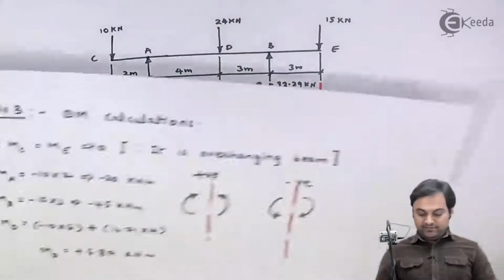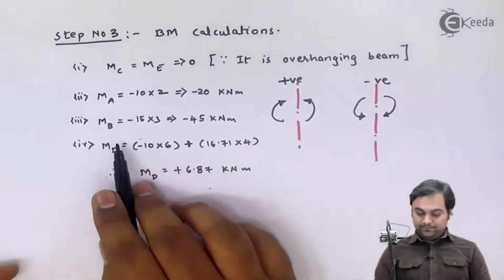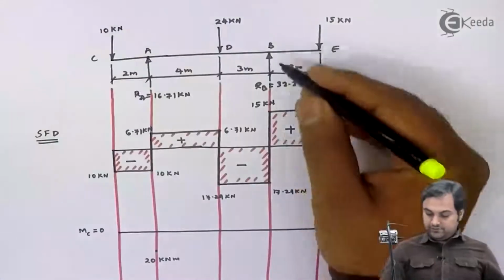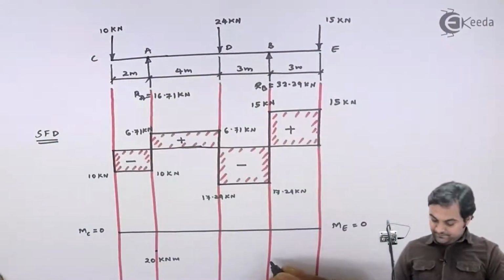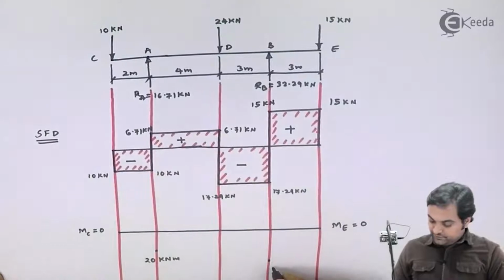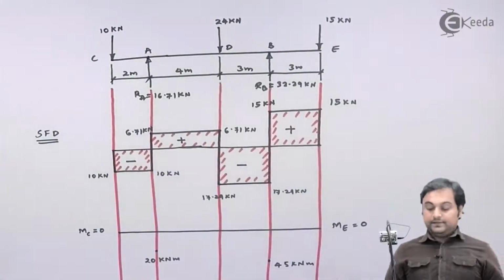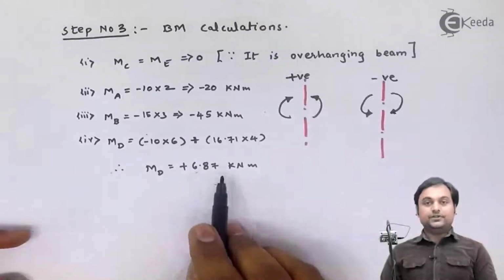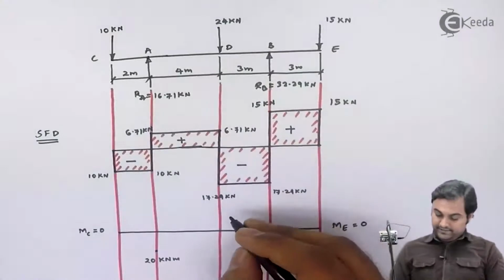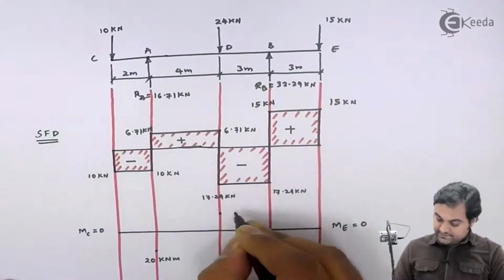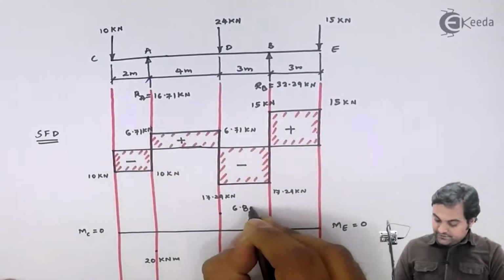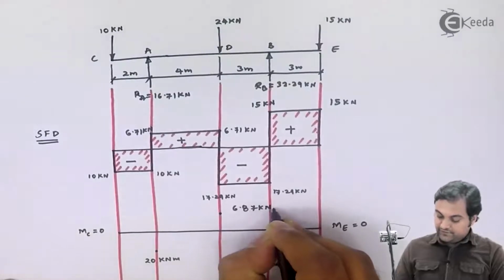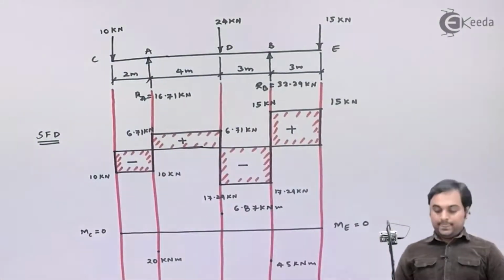Next, moment at B is equal to minus 45. So at B it is again negative, 45 kilonewton meter. I'll write the sign. Then at D, the bending moment is plus 6.87. At D it is plus 6.87 kilonewton meter. Now I have to join these lines.